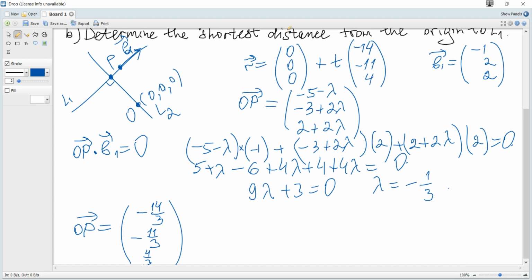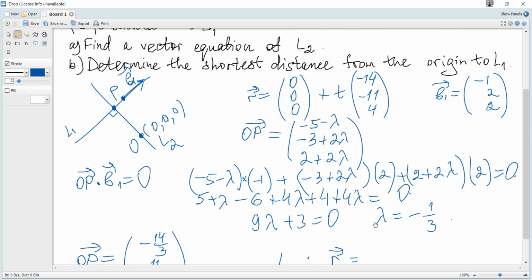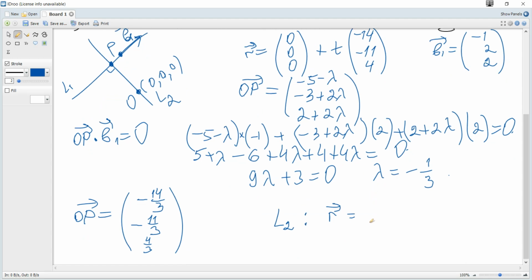We don't write zeros, and finally for L2 the required vector equation of the line is just a parameter multiplied by (-14, -11, 4).